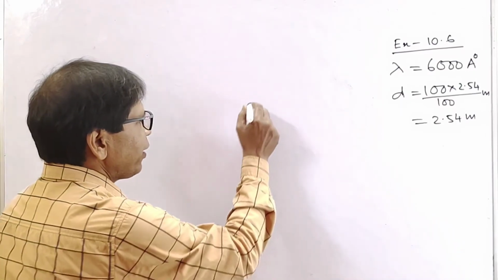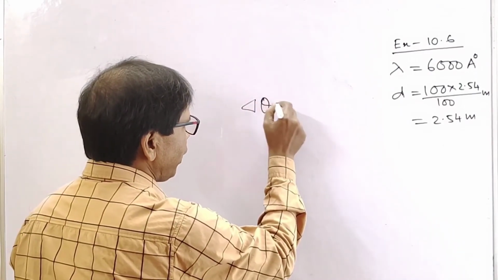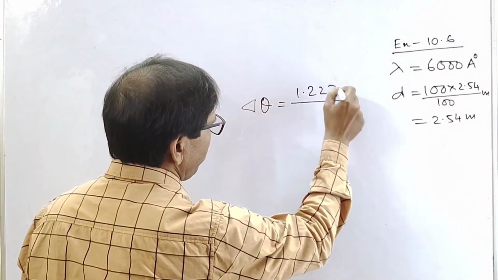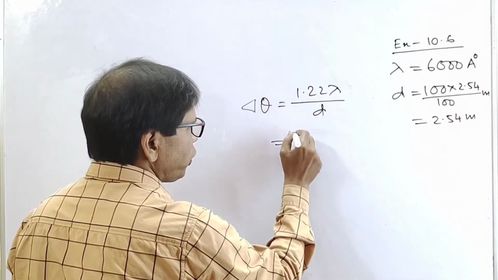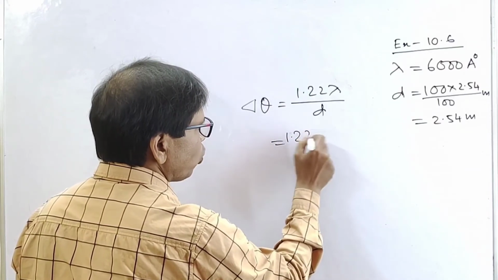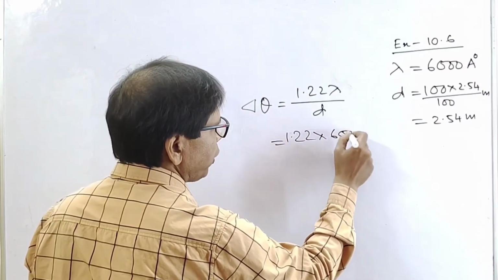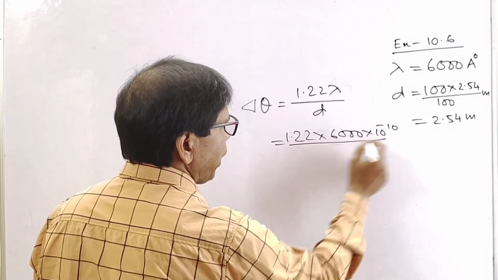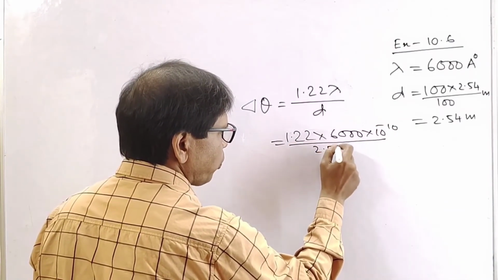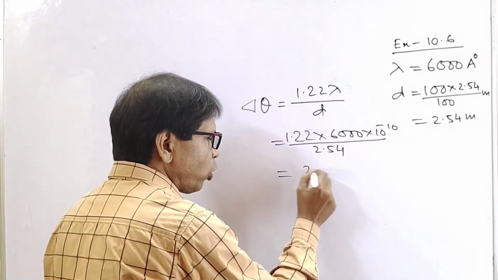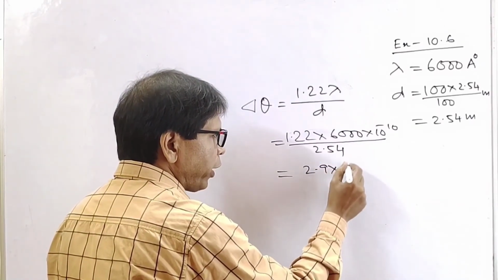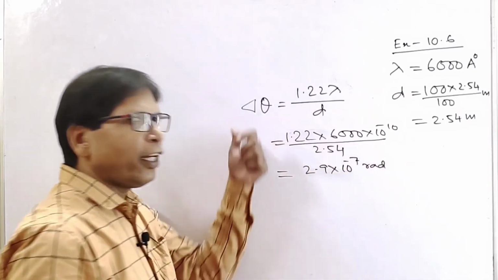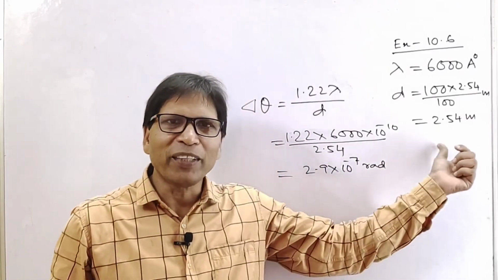Now look at this, the limit of resolution Δθ is 1.22λ/d. So this is equal to 1.22 into 6000 into 10 to the power minus 10, divided by 2.54. Now this is equal to 2.9 into 10 to the power minus 7 radian, the limit of resolution of the telescope.